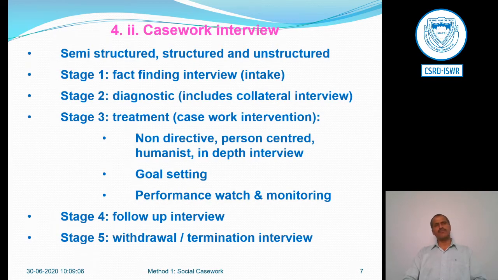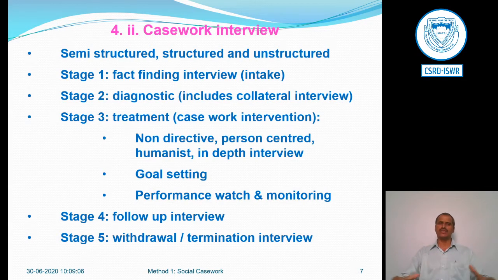The second type of interview is diagnostic. Diagnostic interview is clinical and social diagnostic, which includes interviewing the family members, which is called collateral interview. The purpose is to diagnose, to understand the problem. Sometimes it can also include interviewing the family together. It is beyond just interviewing the client.